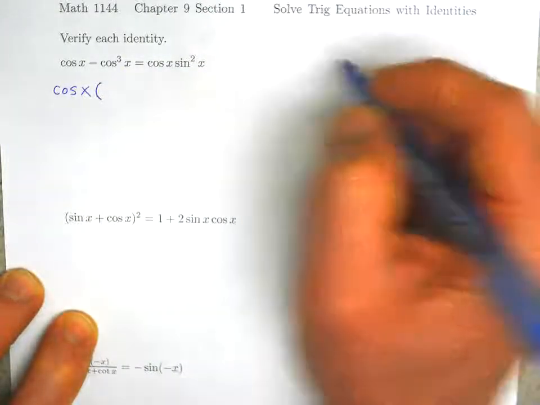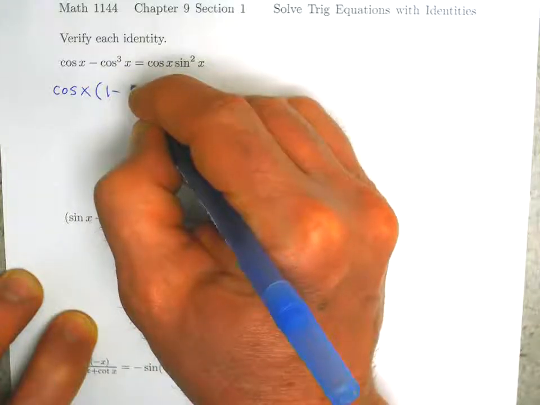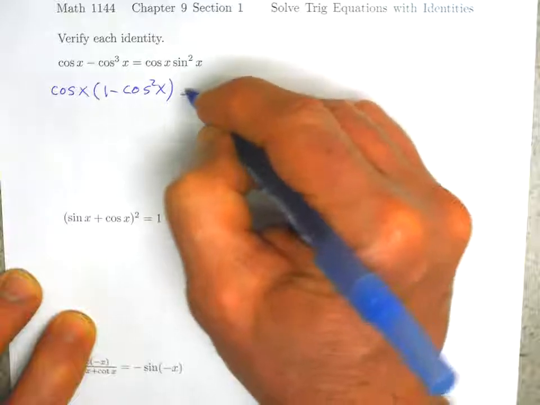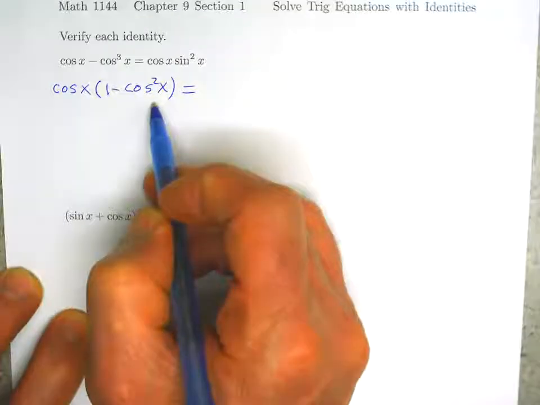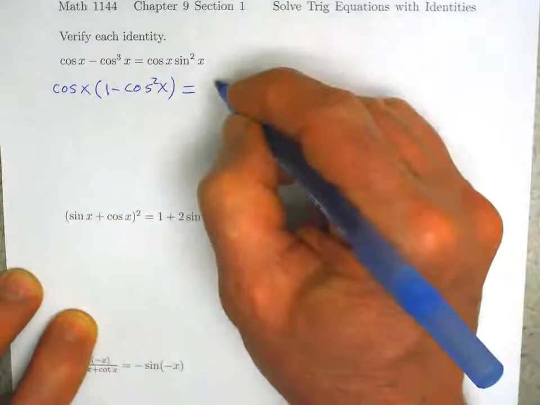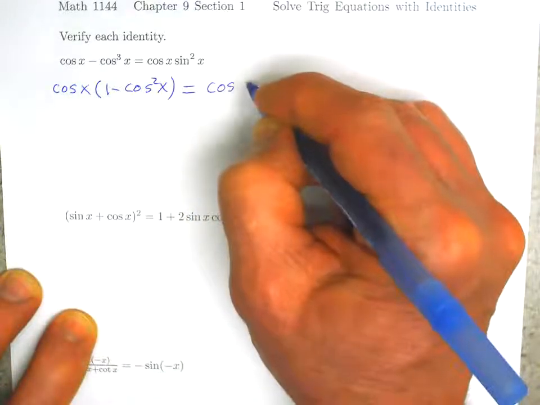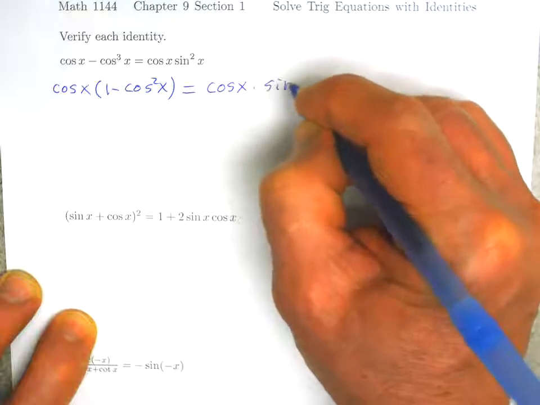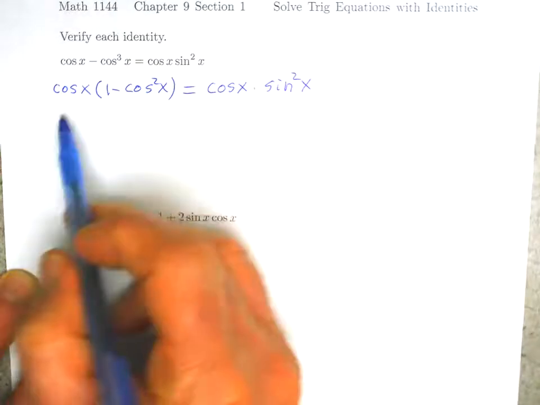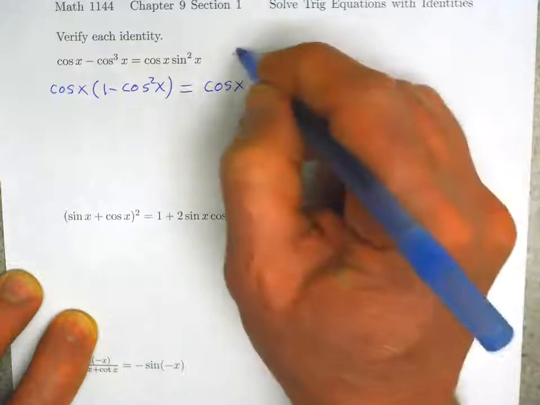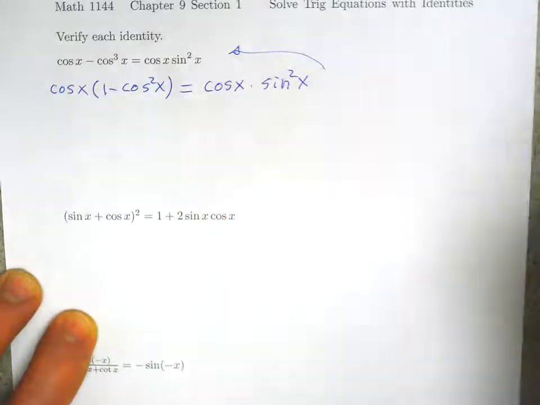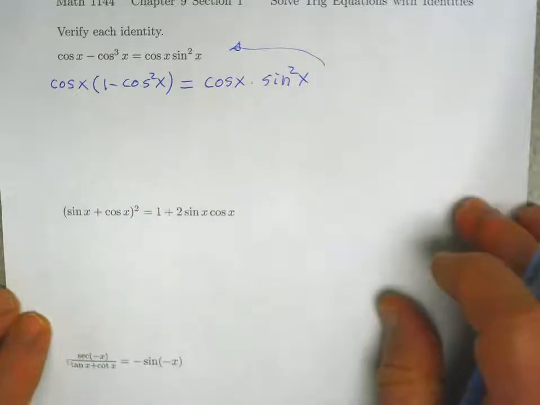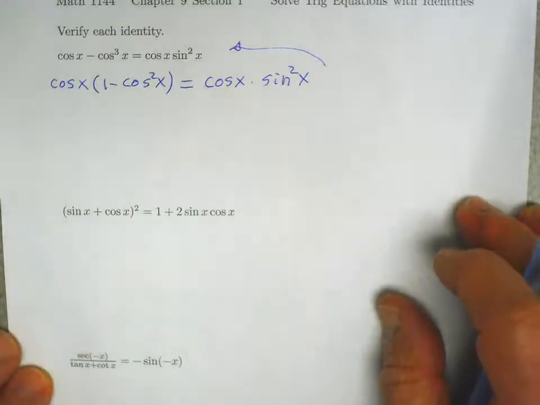So we get cosine of x times 1 minus cosine squared of x. And then 1 minus cosine of x squared is sine of x squared. So we get cosine of x times sine of x squared. And that's exactly the right-hand side, so we're done. So that took, what, like 1 step or so.